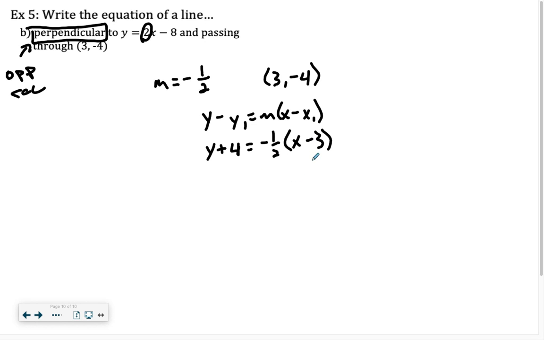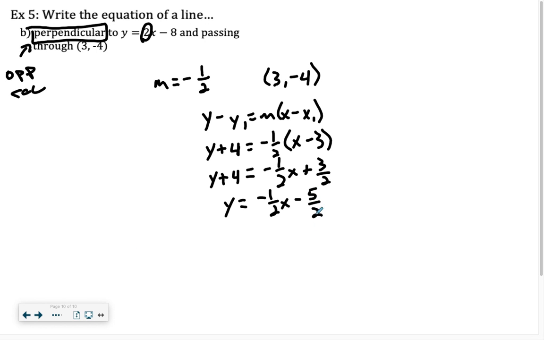So let's put this into slope-intercept form. All right, we would distribute this half first. So I'll have negative 1/2 x plus, because I've got negative times a negative, so plus 3/2. Then finally, I would subtract the 4 over, and 3/2 minus 8/2 would be negative 5/2.